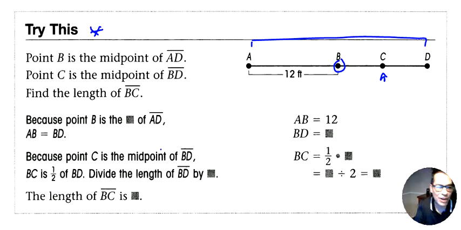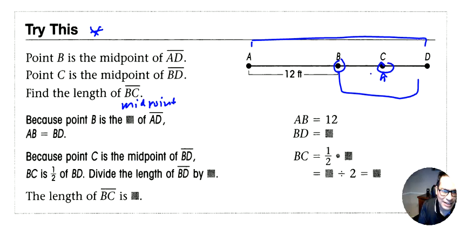All right, so here's what we do. Because point B right here is the midpoint of AD, that means that AB and BD are equal. We already know a little bit about that, right? Because point C is the midpoint of BD, then BC is 1/2 of BD.